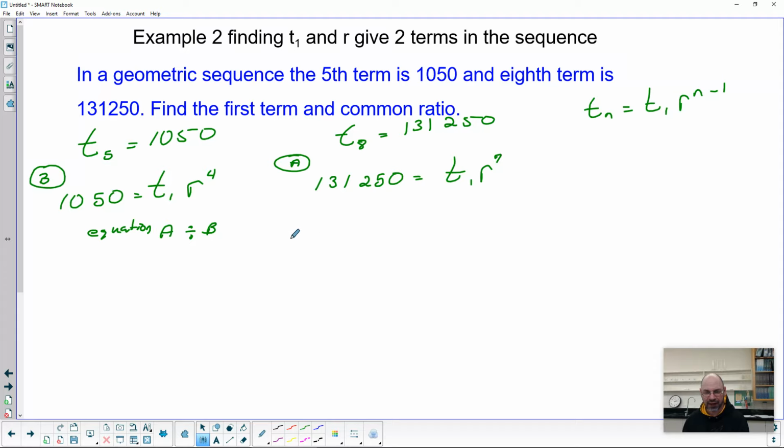Okay, so equation A is this, and we're going to divide out this.